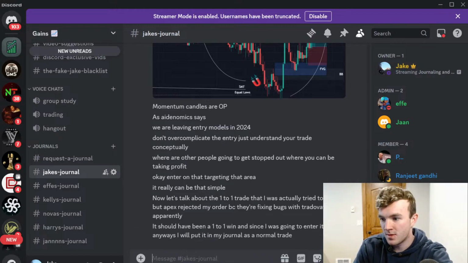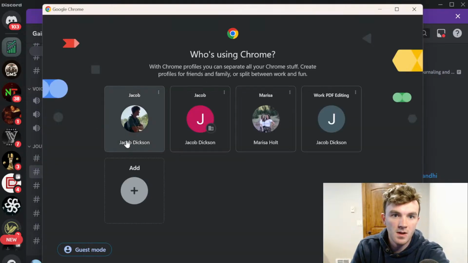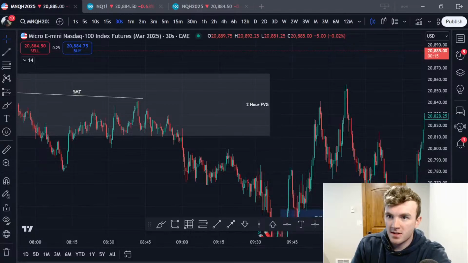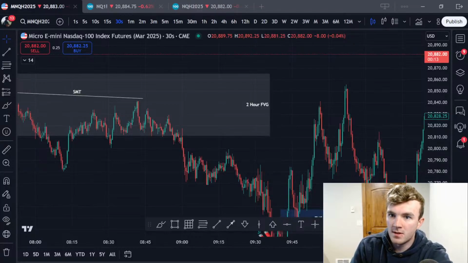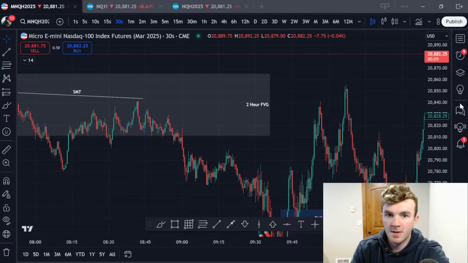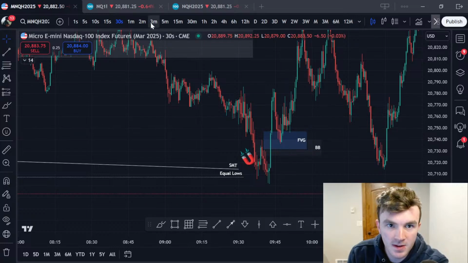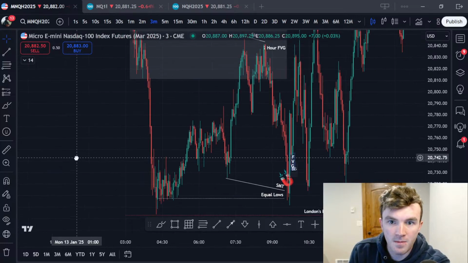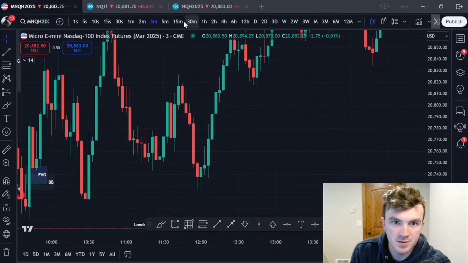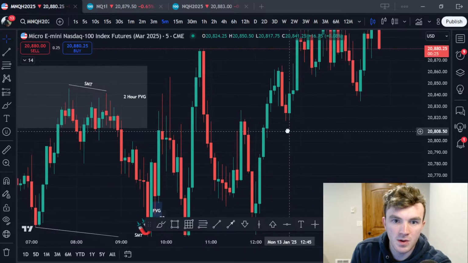So let's get this pulled up. This trade was actually, let's get the spreadsheet opened up first. So this trade was simply understanding that, what was it?